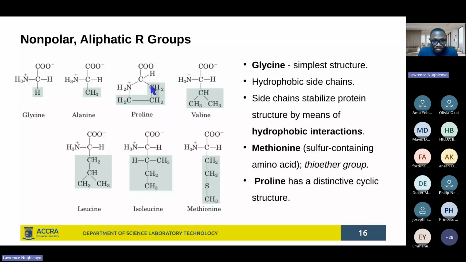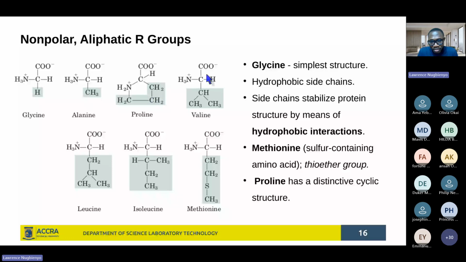But it's aliphatic. That side chain is not aromatic. You will come to see when we are looking at aromatic side chains, so you don't confuse this as an aromatic side chain. This is a side chain that is forming an intramolecular cyclic structure with an amine group, and it's also non-polar.